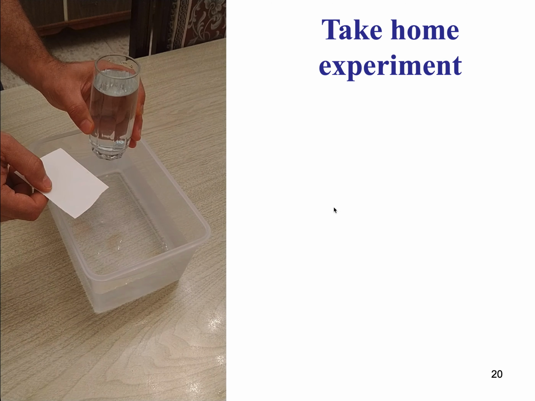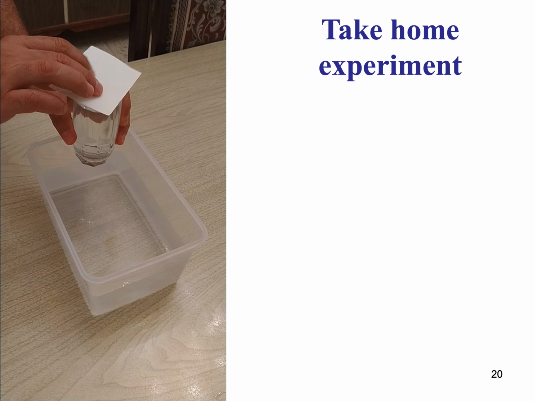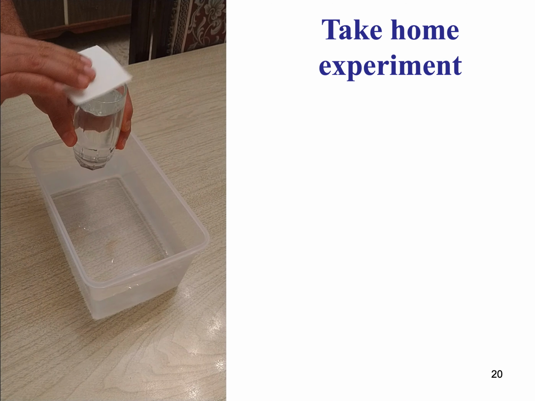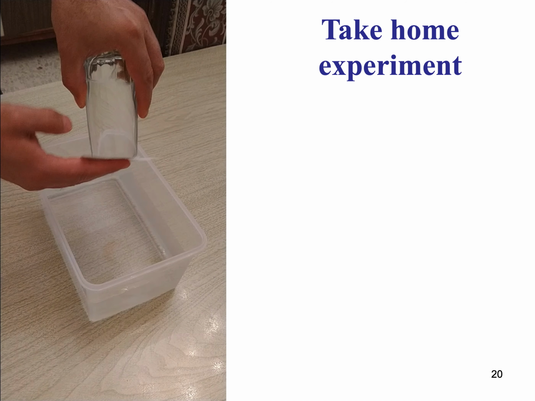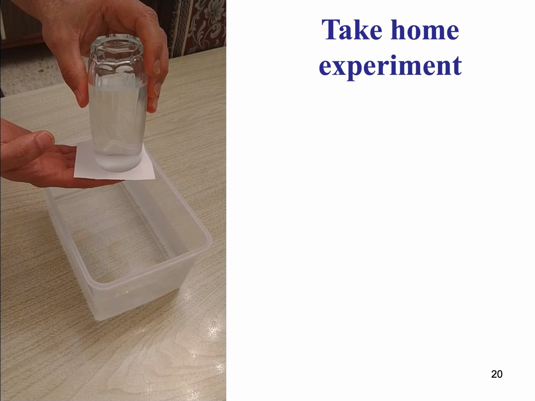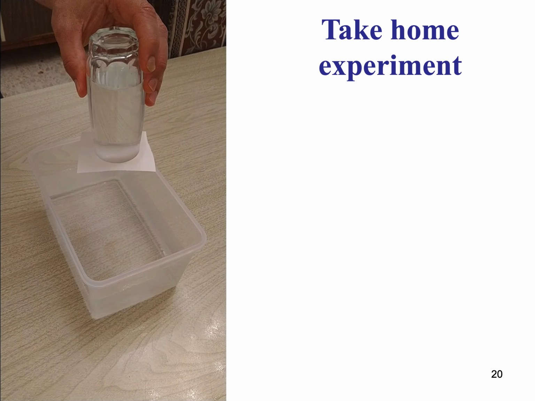Here I have a thicker piece of paper, cardboard, and put it on top. There is no glue or anything. There's no magic in there. It's just atmospheric pressure. Now flip it carefully, so you can make a mess, so have something underneath, just in case you have an accident.